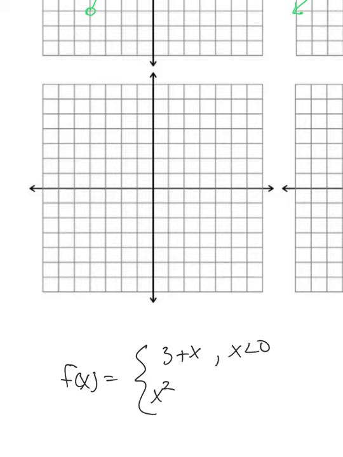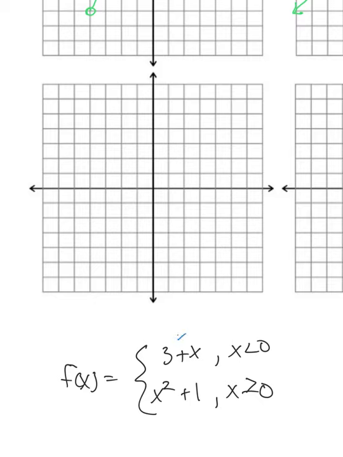Let's go down, and let's say our equation is f of x equals, let's try a different type, 3 plus x when x is less than 0, and x squared plus 1 when x is greater than or equal to 0. Notice the x squared plus 1, we are dealing with a parabola, and the 3 plus x is a line.